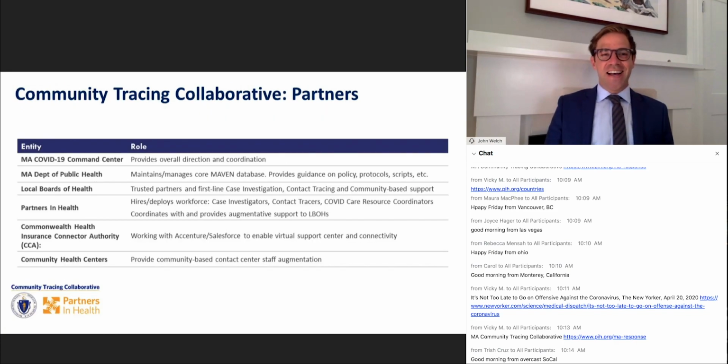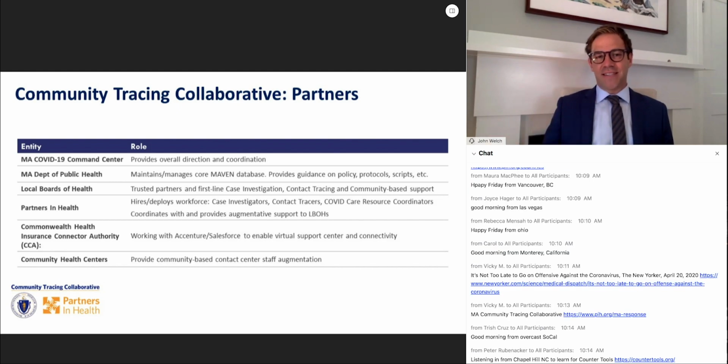I'll be very clear. So Massachusetts has its command center, who does provide us our overall direction. We're very deeply tied to the Department of Public Health, who helps guide our policy and procedures and all of these things. The local boards of health and local health departments is really one of the most important partners for us, in that we have a constant dialogue throughout every single day between our team and the teams.